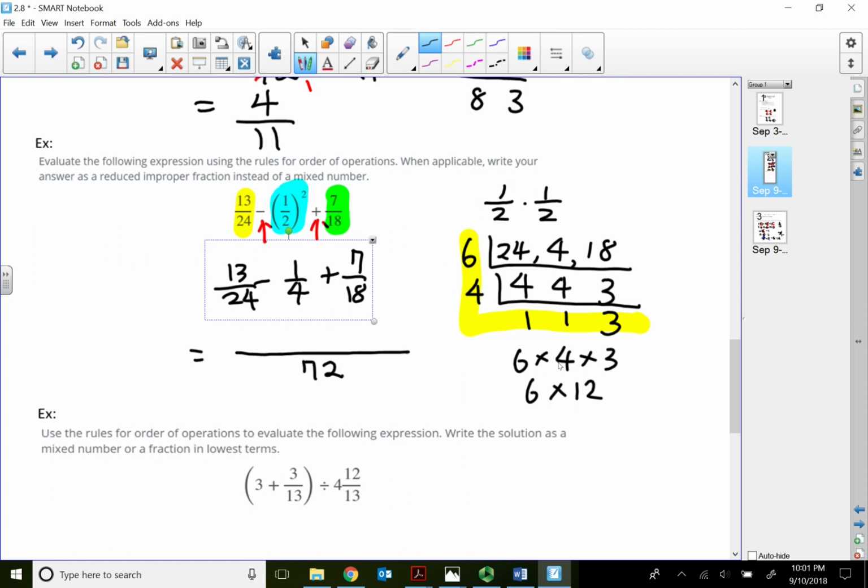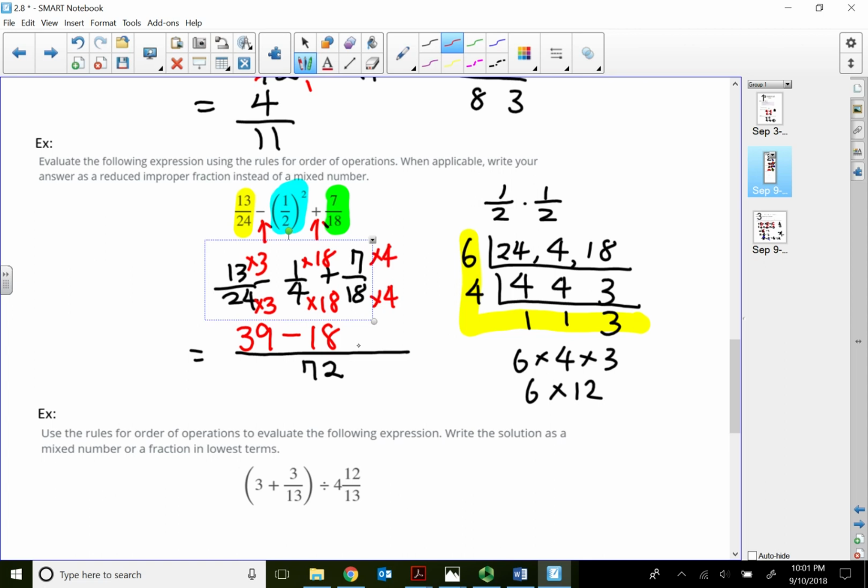So the first denominator 24 will go into 72 3 times. So times by 3, which is 39. Minus 4 goes into 72, 18 times. 18 becomes 72, times by 4.